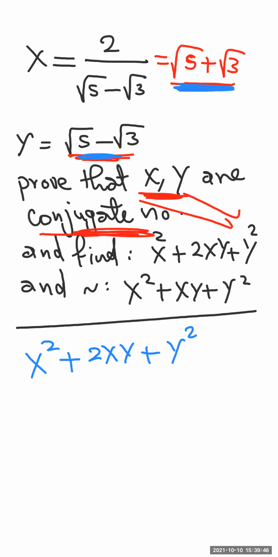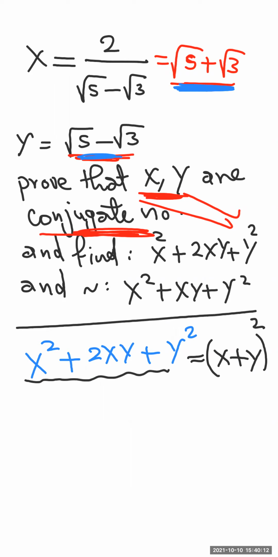But actually, it will be a very long procedure. As we studied before, all of us know that this formula, x squared plus 2xy plus y squared, is the same as x plus y all to the power 2, correct? So now it becomes very simple.